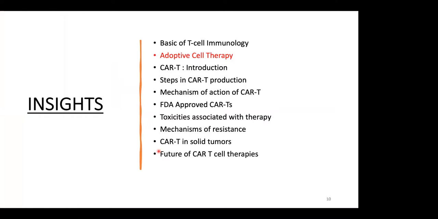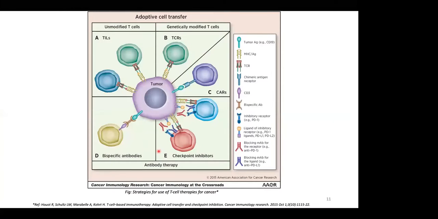So now let's understand what the adoptive cell therapies based on T cells are that exist as of now. So we have adoptive cell transfer using unmodified T cells. Initially, it began with tumor infiltrating lymphocytes, which many of you would know.